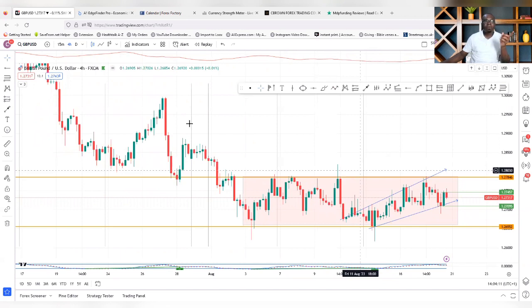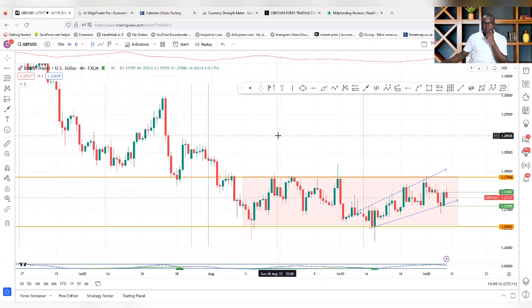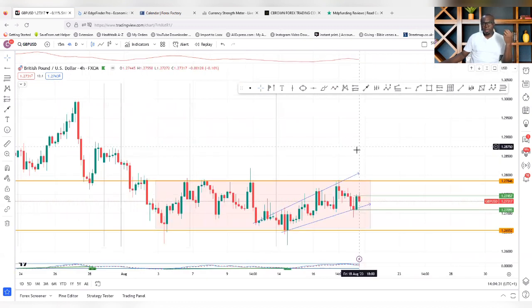Remember what I showed you on the fundamental COT data, we saw that price moved from the bottom to the top, and the bias has turned to a bullish bias, which is a very low momentum. The bullish is a low momentum, it's not strong, so be careful.